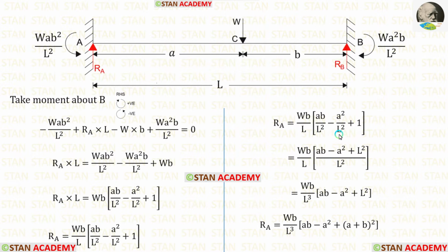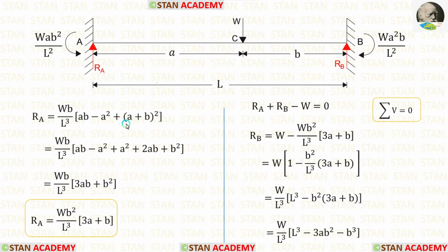Then let us take LCM. When we multiply 1 with L square, we will get L square. L square into L, we will get L cube. We know that L is A plus B. Here, let us apply the A plus B whole square formula. We will get A square plus 2AB plus B square.